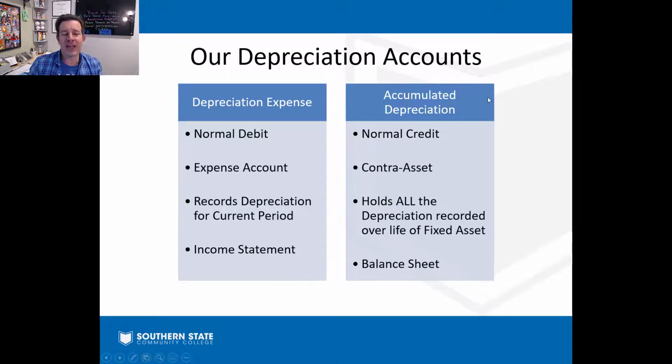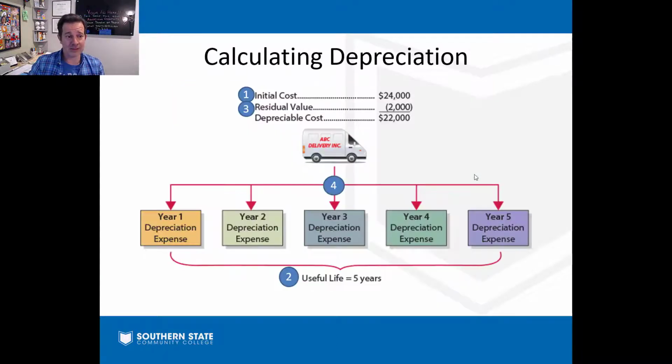We also have that contra asset, accumulated depreciation, that works to offset the fixed asset account, and it has a normal credit balance as a contra asset. It holds all the depreciation that we've recorded over the life of the fixed assets, and that shows up on the balance sheet as an offset to fixed assets.